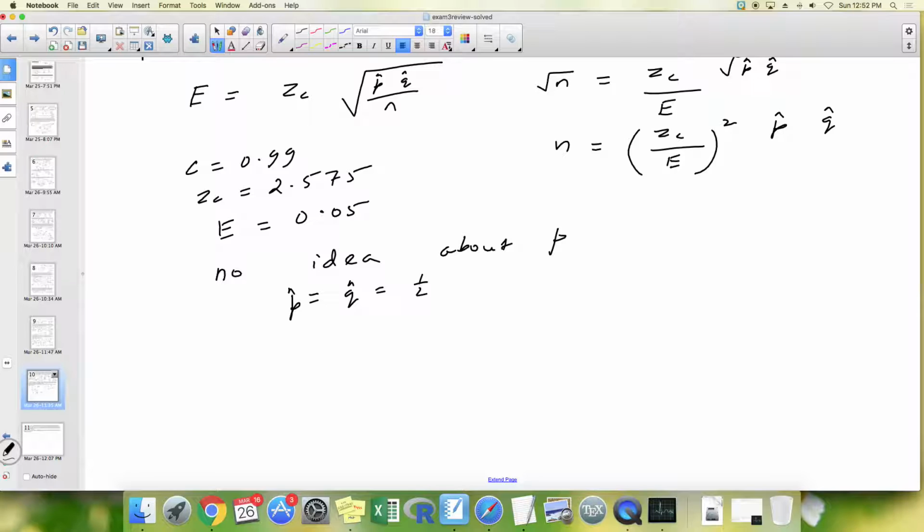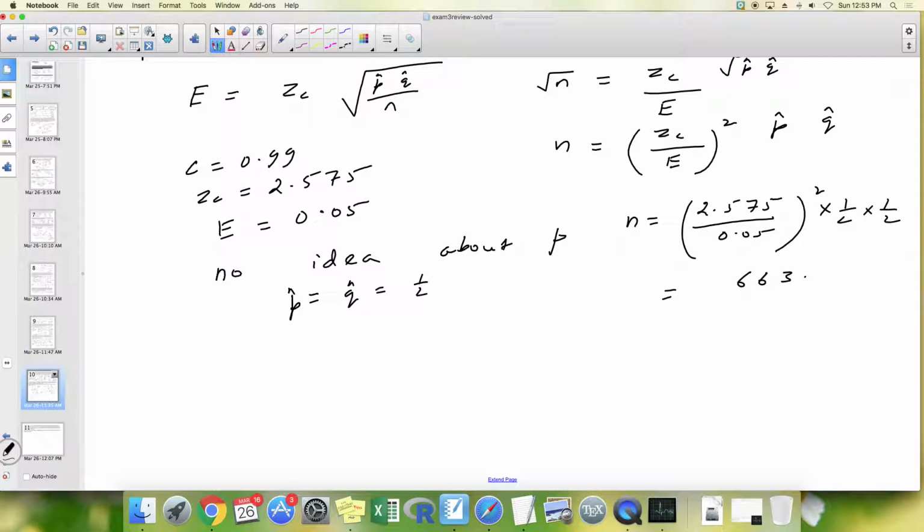So then n equals 2.575 divided by 0.05 whole square times half times half, and this will become 663.0625. I mean, you can say n equals 664. You always take the higher number.